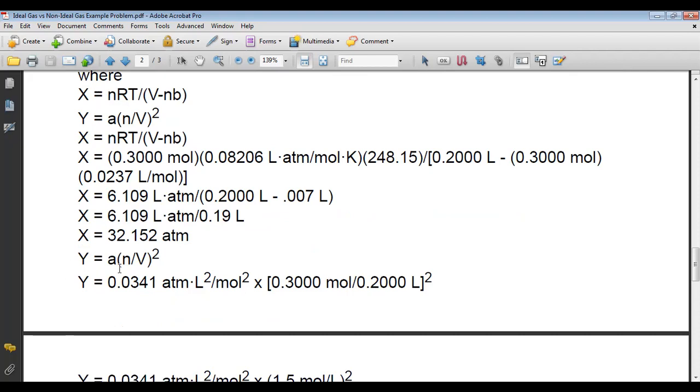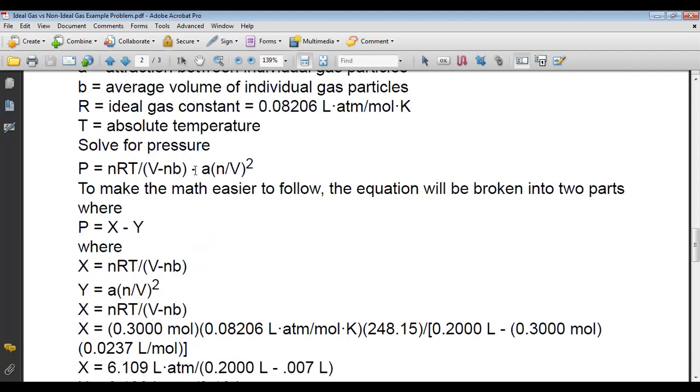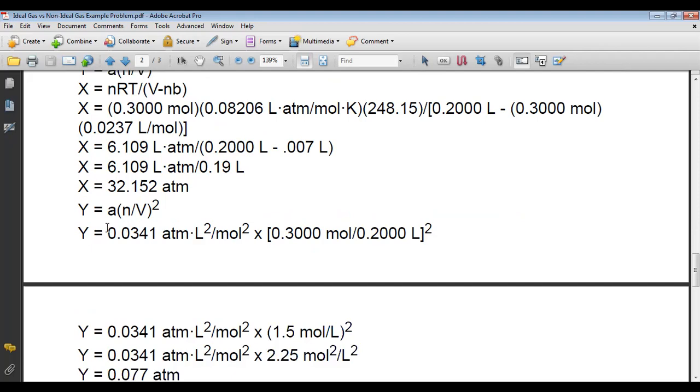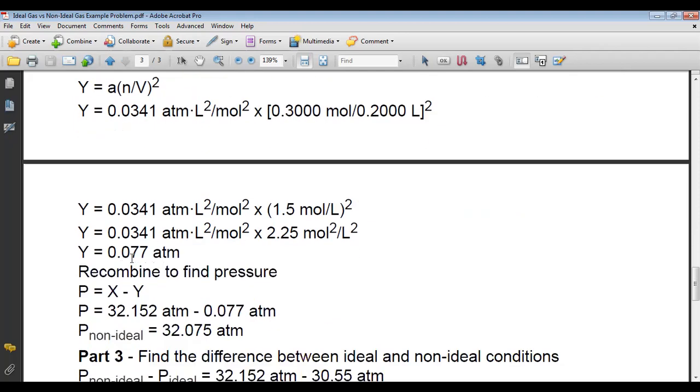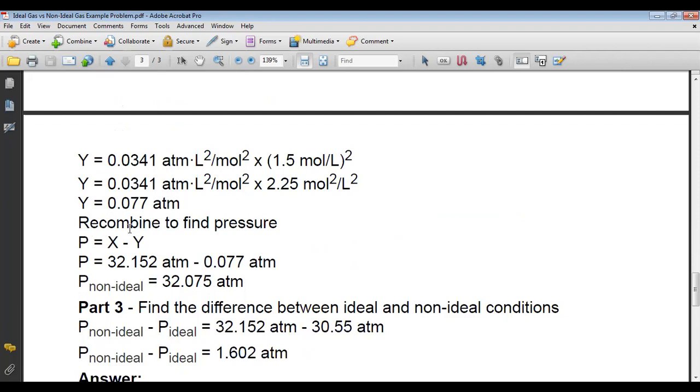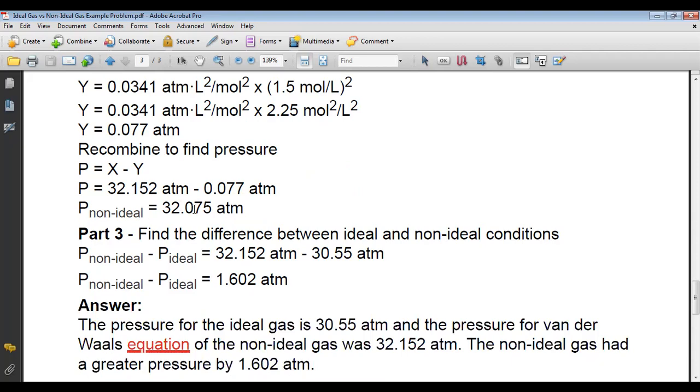Now you can solve y, your second part, which is a n squared over V squared, and when you put all these values over here, finally you will get the answer 0.077 atmosphere. Now you can recombine the two to find out the pressure: x minus y, x is this, y is this, and when you solve this one, the pressure is 32.075. And remember, this is the pressure for the non-ideal, or you can say for the real gas.